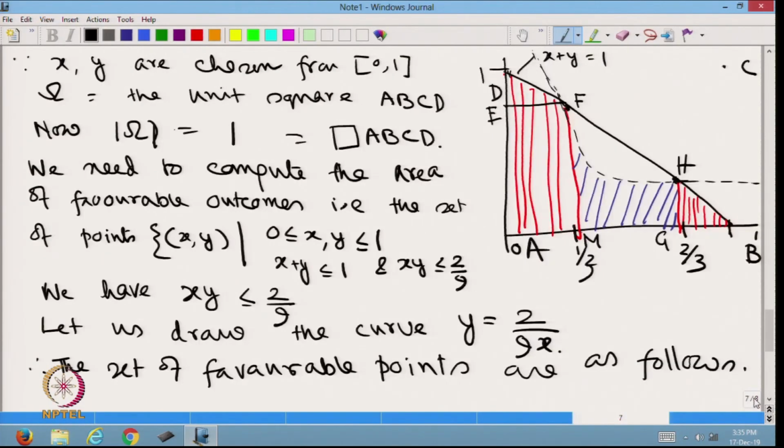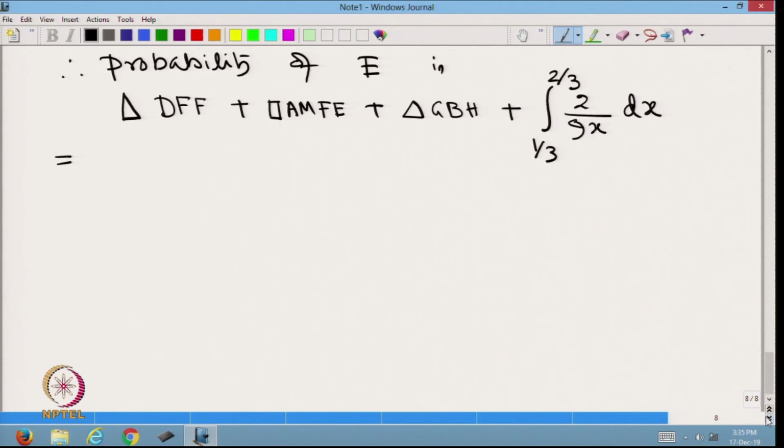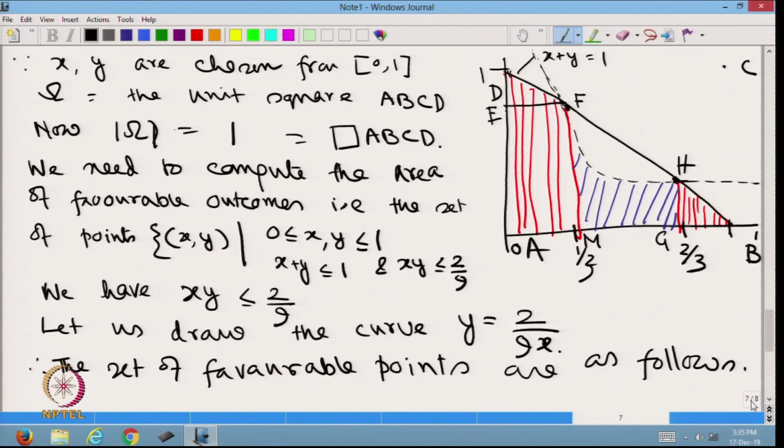Therefore, triangle DEF, this is 2 by 3, this is 1 and this is 1 by 3. Therefore, this is going to be half into 1 by 3 into 1 by 3 plus this rectangle AMFE, it has one side 1 by 3, the other side 2 by 3.